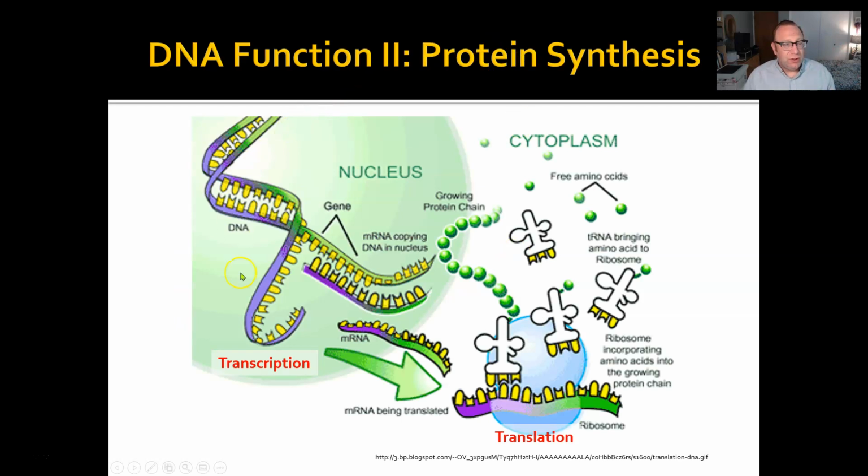So transcription is happening here. Here's your DNA inside this big green nucleus, and an enzyme has come along, caused this particular gene to unzip in the DNA, and another enzyme has come in and has started assembling copies of this gene using one of the sides of the DNA as a template.